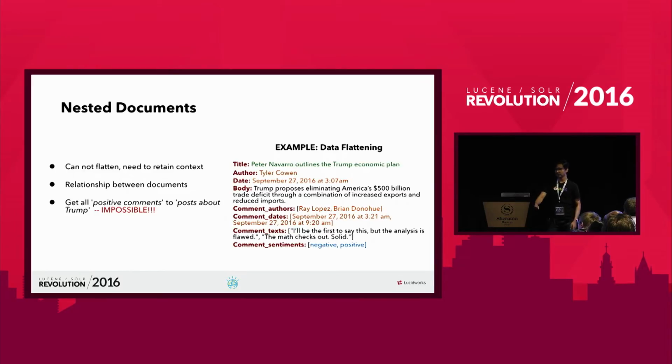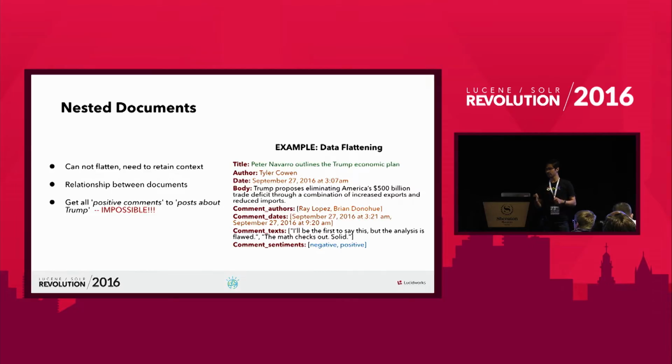If you wanted to get answers to a question like get all positive comments to a post about Donald Trump, or that mentioned the keyword Trump, let's say you had all of this data flattened out. What are you going to do with that? You're pretty much talking about having a comments field and a sentiment field, which is a multi-valued field, which has all the comments related to this one post going in all together.